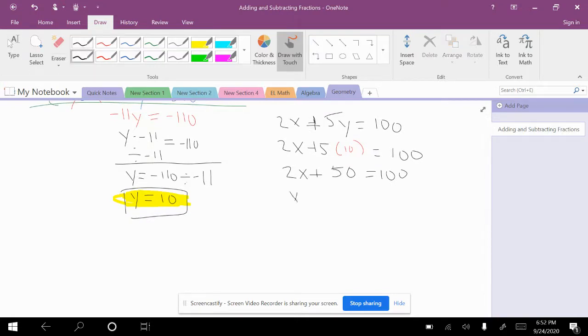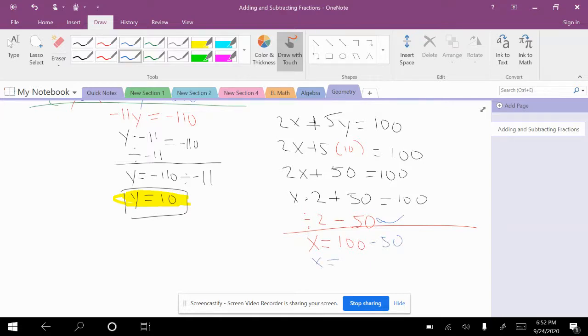Y ahora backtrack: x times 2 plus 50 equals 100. Now we do the opposites of divide by 2 and positive 50. And so now we have x equals, we start with the result, siempre empezar con el resultado. And now we have minus 50.